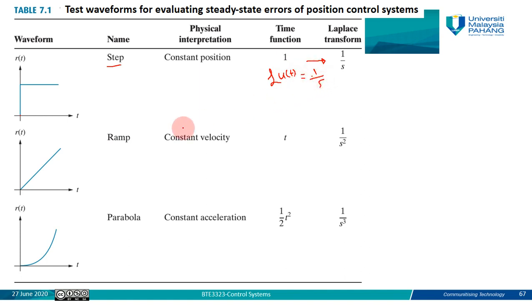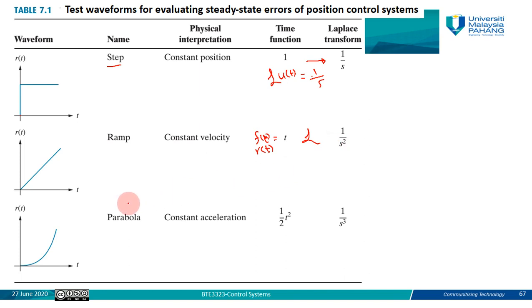Then the second function that we are going to use is the ramp function, r(t) equal to t. Since it is the input, we use the simple r, so r(t) equals t, and its Laplace transform is 1 over s squared.